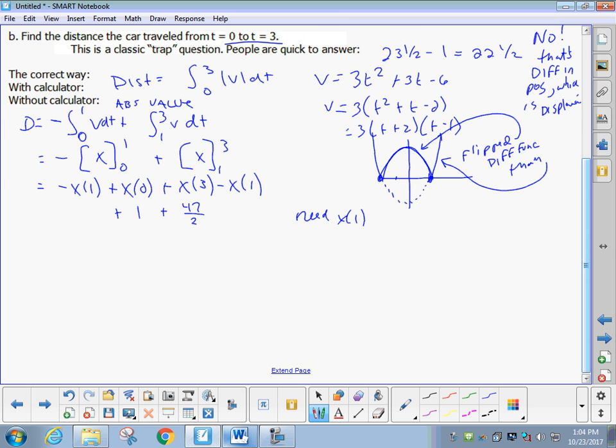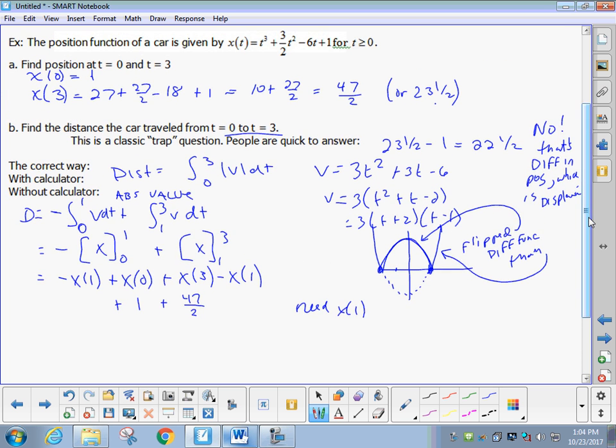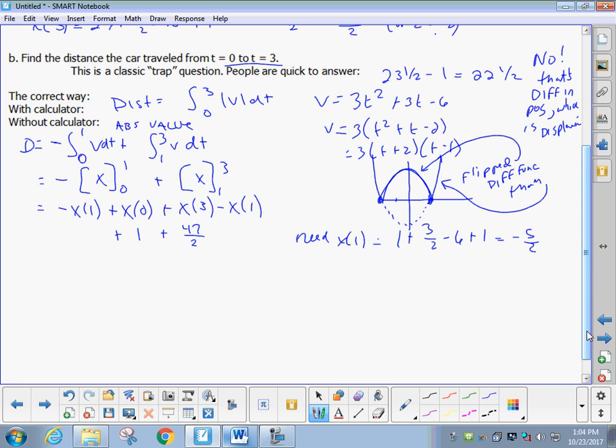The position at 1 is 1 plus 3 halves minus 6 plus 1, or 3 halves minus 4, or 3 halves minus 8 halves, or negative 5 halves. So this is the opposite of negative 5 halves, so that's 5 halves. This is the opposite of negative 5 halves, so that's plus 5 halves. So, lots of halves. How many halves do I have?